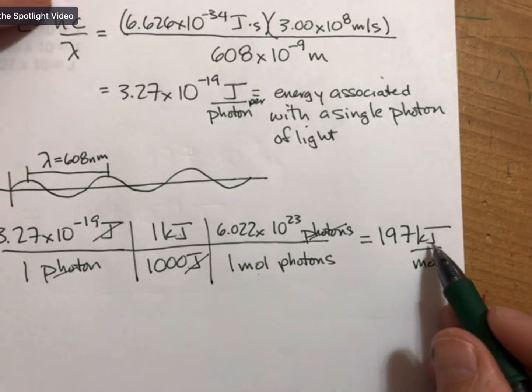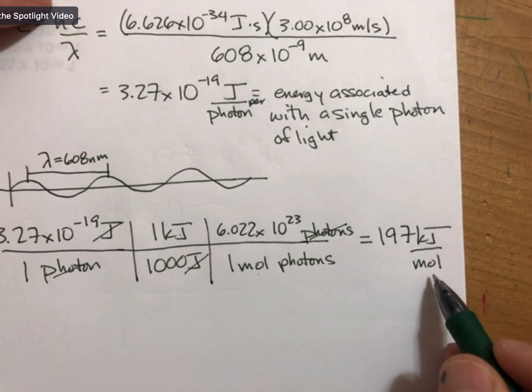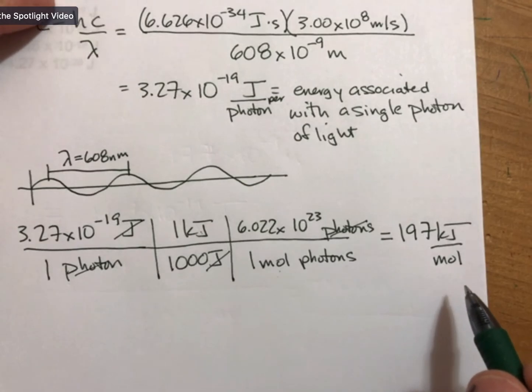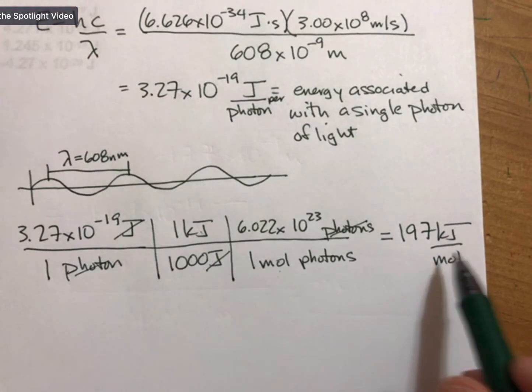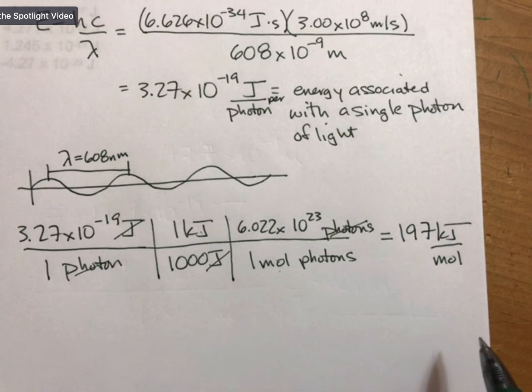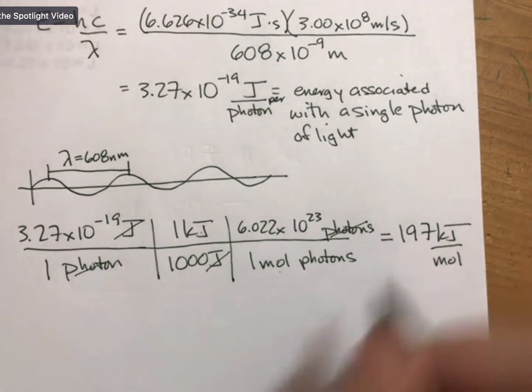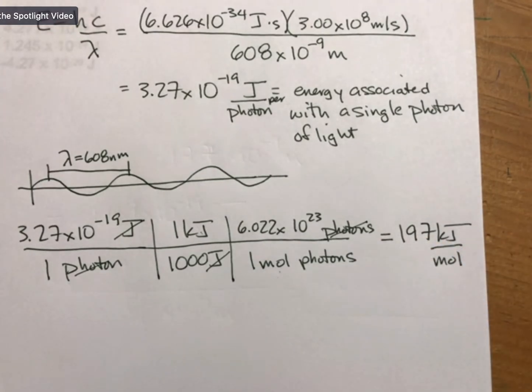You can just write kilojoules per mole here. You don't have to write per mole of photons. We've always just written per mole before. And this 197 is the answer that you'll put in for this part.